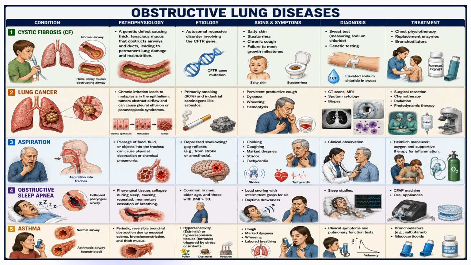Signs and symptoms will include cough, marked dyspnea, wheezing, and labored breathing. This is diagnosed by clinical symptoms and pulmonary function tests. They're treated with bronchodilators and glucocorticoids. And so basically when people have a severe asthma exacerbation, they're given steroids to reduce the inflammation. So the bronchioles are not so constricted and they open up.